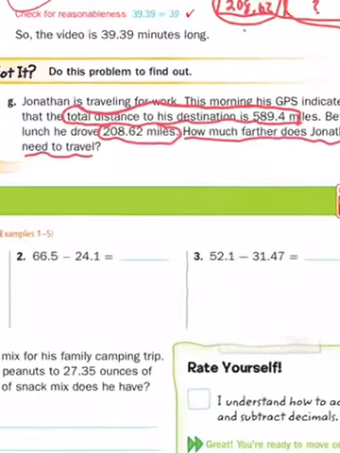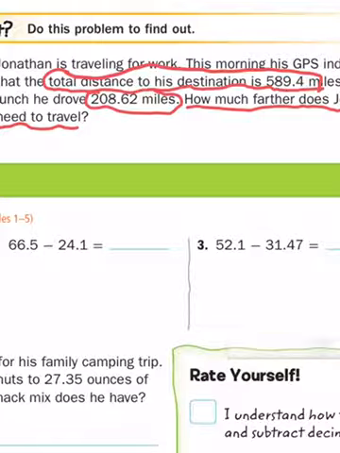So I'm going to start by taking the total distance, 589.4, and I have to subtract how far he went already, which was 208.62. Now watch how I line up the 0.62. The 6 is under the 4, and the 2 is kind of sticking out there by itself. And now I'm going to add my 0.